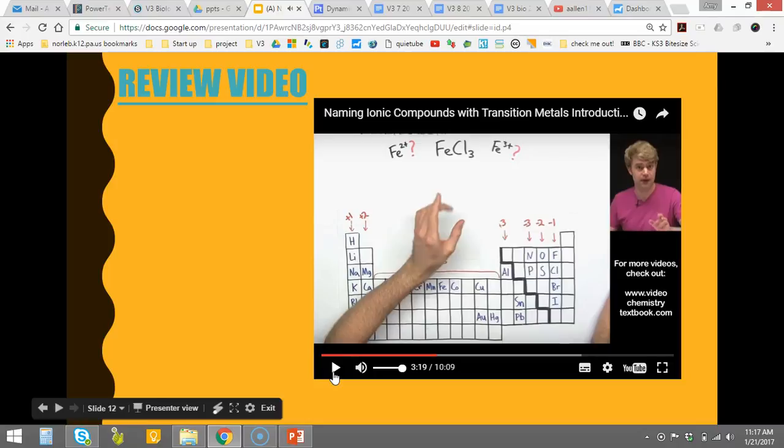Something to note here, I just want to point out, this particular screenshot of the periodic table and the charges that go with each group, this might be something you want to take a screenshot of and keep in your files to use for future assignments, because these are the elements that you'll be working with and the oxidation numbers that they have.